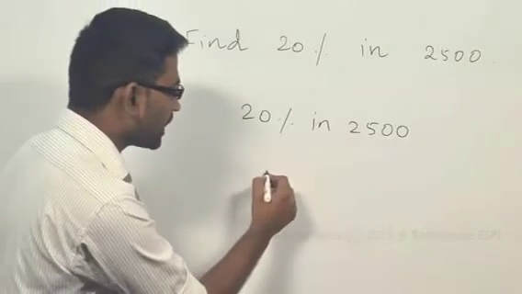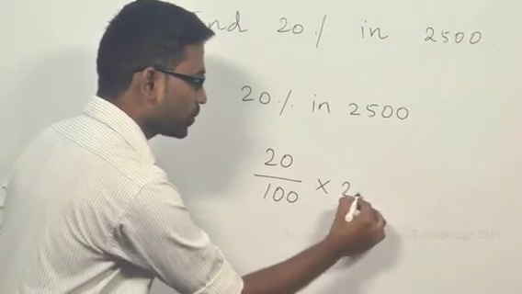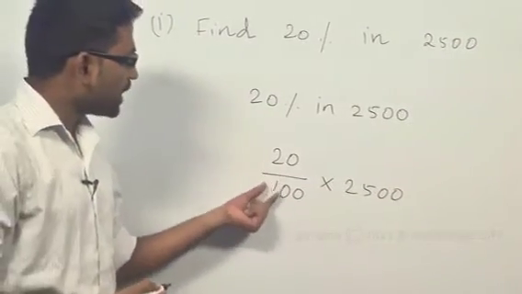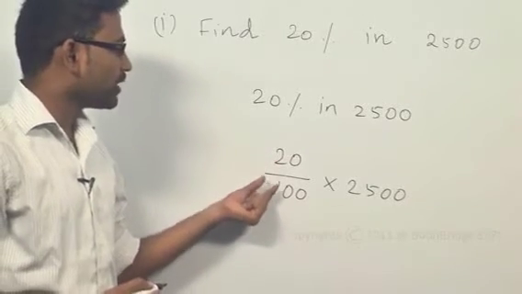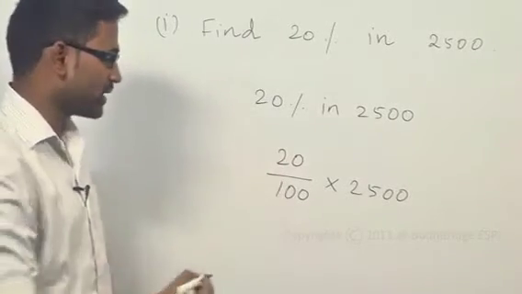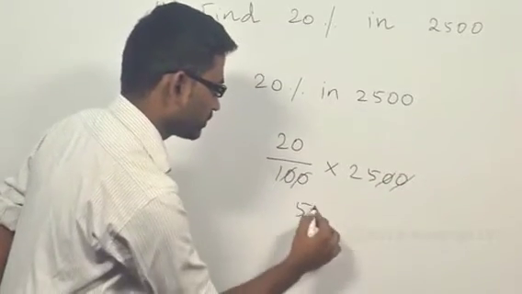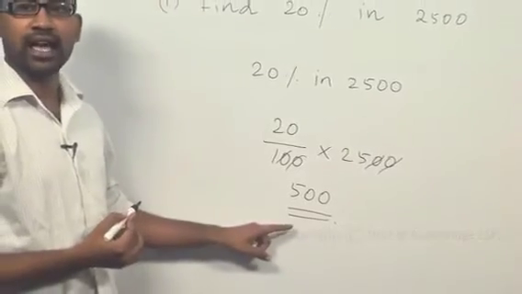The very simple conventional method is 20 by 100 into 2500. For every hundred we are taking 20, as we explained previously: percentages are for every hundred. By solving this, you will get 500 as the answer.